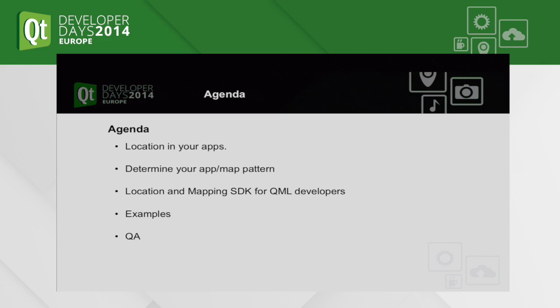Okay, so I will start by telling you guys why it is important to have location in your apps, right? And then we'll go over a couple of design patterns to determine what kind of design pattern you want for your application to have location included.